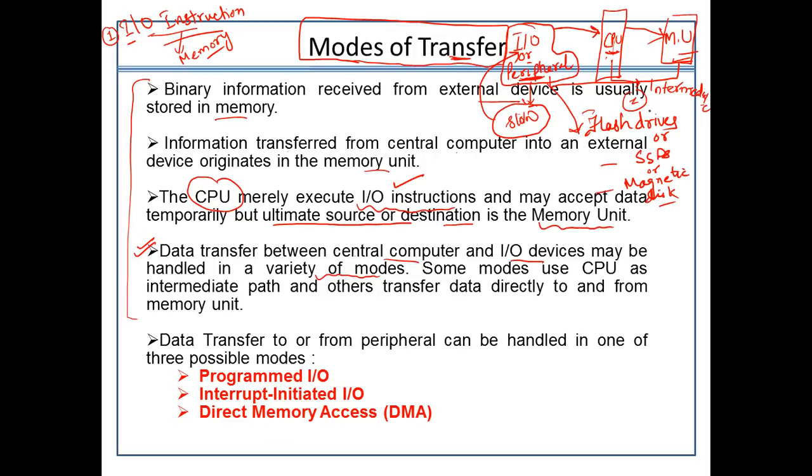Such devices can be given direct access to the main memory also. So that is why we have three basic types, or broad categories, of modes of transfer available. The very first one is the programmed input output. Second is just the advanced version of the programmed input output, which we call interrupt initiated input output. And the third one is direct memory access.